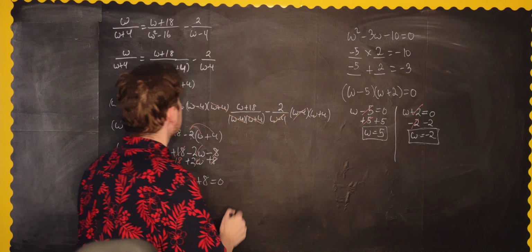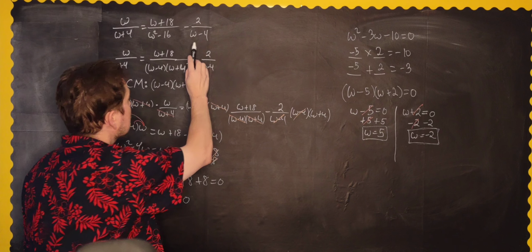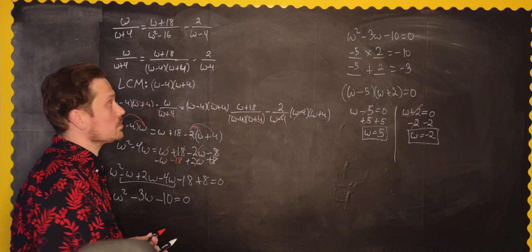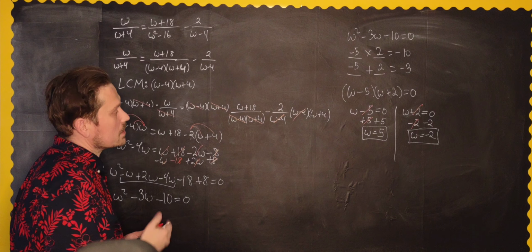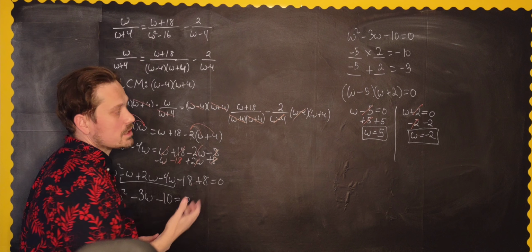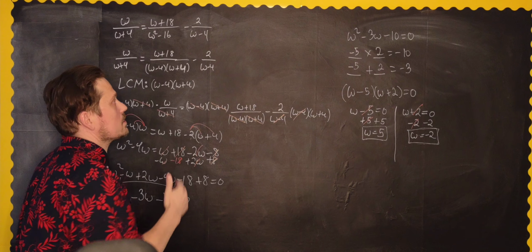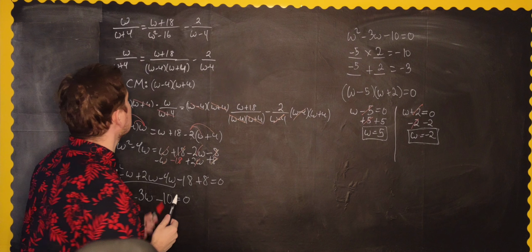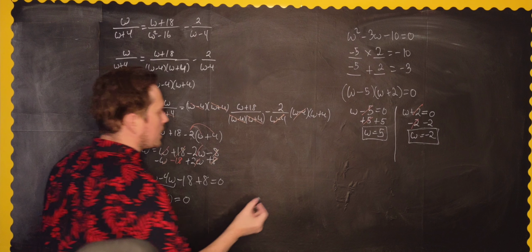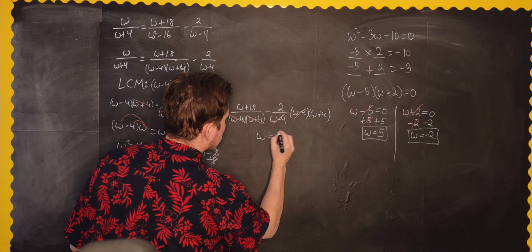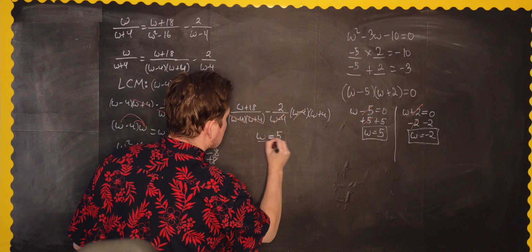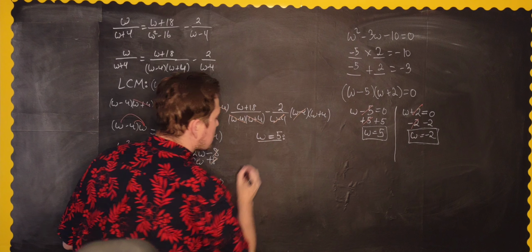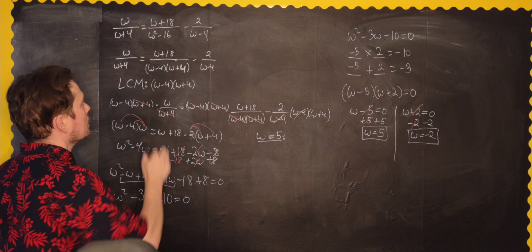You have to be careful whenever you have a rational equation like this one, with fractions and variables in the denominator. It can happen that when you solve the equation you get values that don't work in the original. We don't have that problem here. Let me just illustrate with one of these values, okay? So imagine you have w equals 5 right here. We're going to check, does this actually work in the original equation or not? So you plug it in.